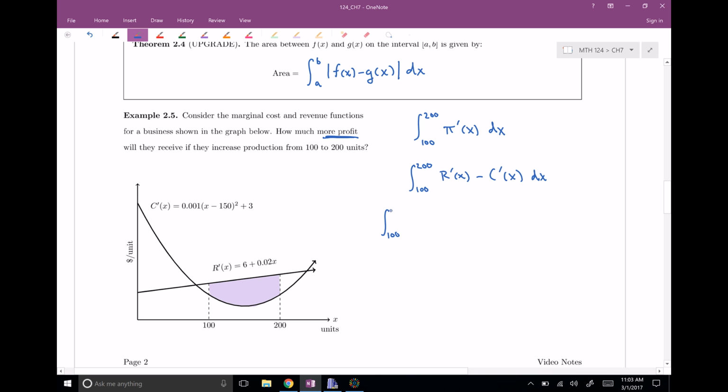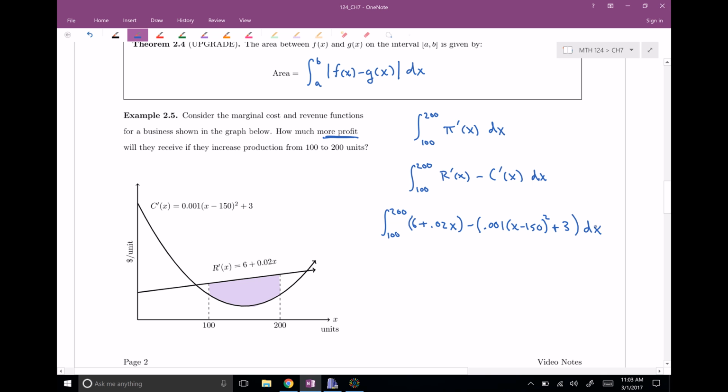So 100 to 200, I know my marginal revenue function, so I can go ahead and plug that in. That's going to be 6 plus 0.02x, so that's marginal revenue. Subtract away marginal cost, that's up here, so 0.001 times (x minus 150) squared plus 3.